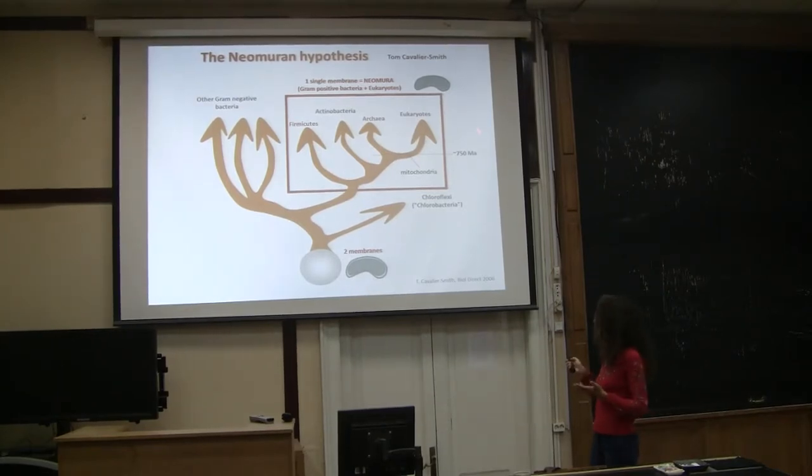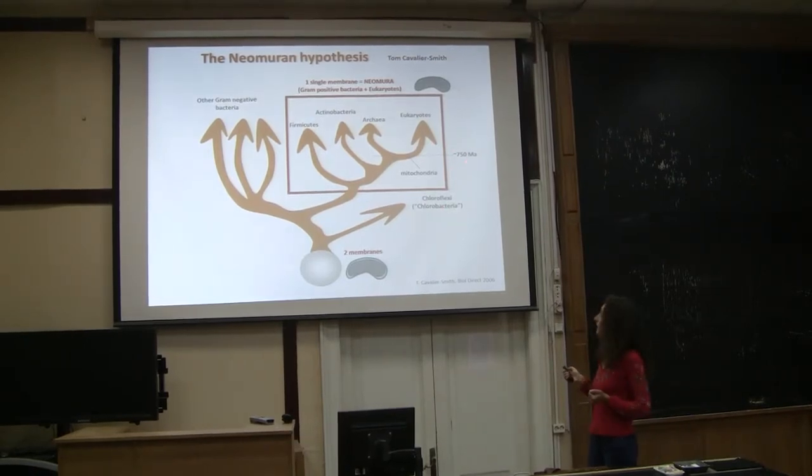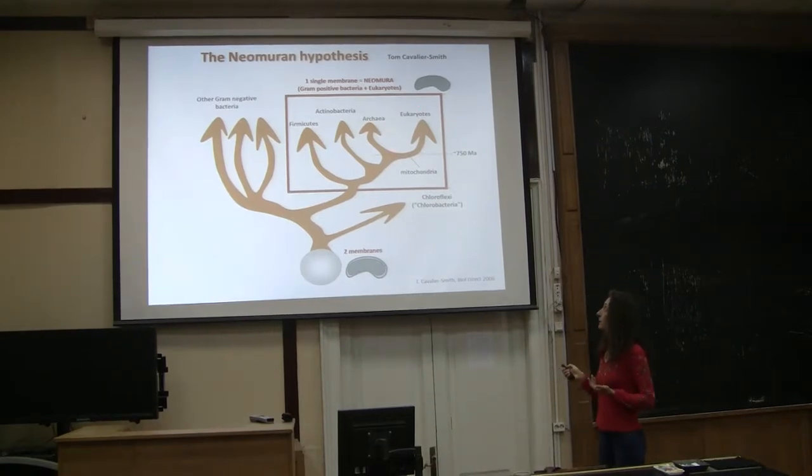For him, it would be like 700 million years ago, so the origin of eukaryotes would be very recent. And the only difference with the previous one is that this split would occur within the bacteria.